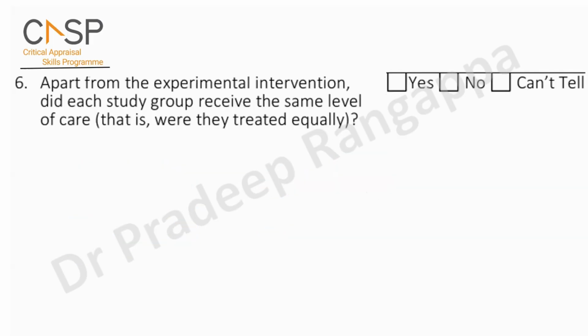The sixth question that you need to ask is, apart from the experimental intervention, did each study group receive the same level of care? This is very important, because when you're doing randomization, why do we blind? Because the level of care should be the same in both groups. If you're not blinded, there'll be a bias that you may be giving better care to the intervention group as opposed to the control group.